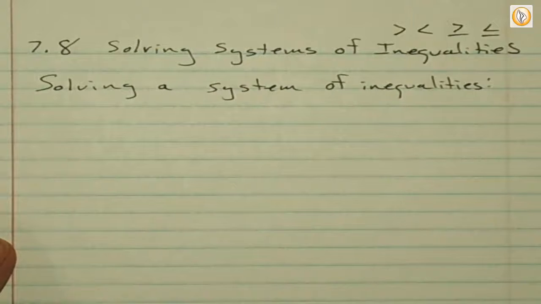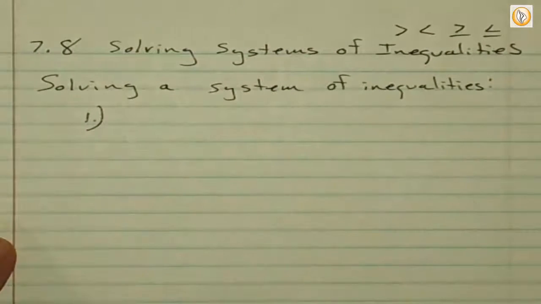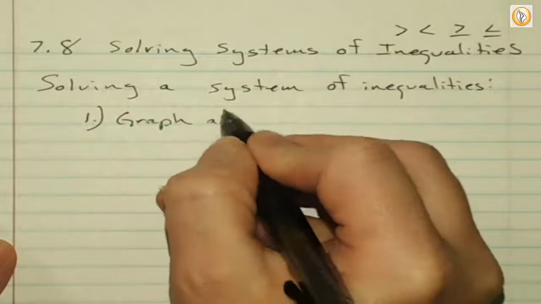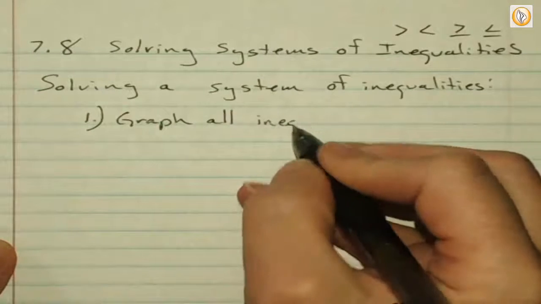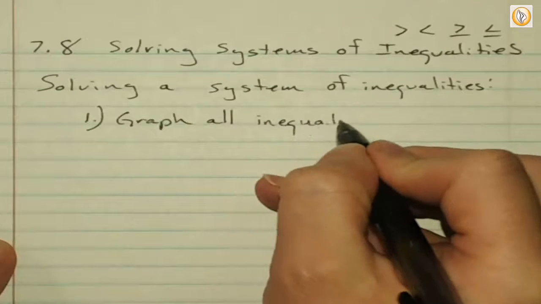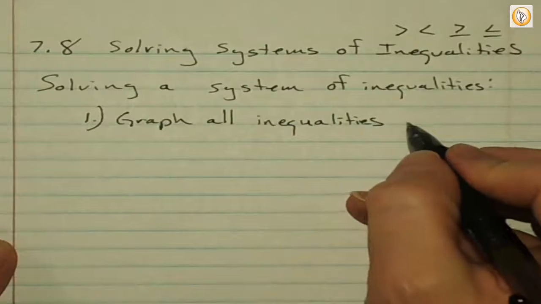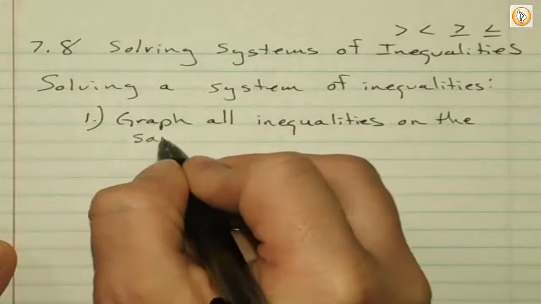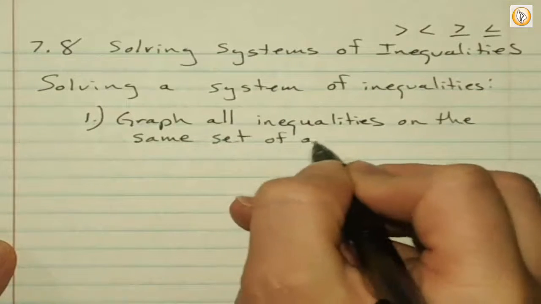There's basically only two steps. Number one, you're going to graph all inequalities. Usually there's only two. Sometimes there's three, but we're going to be doing two. Graph all inequalities on the same set of axes.